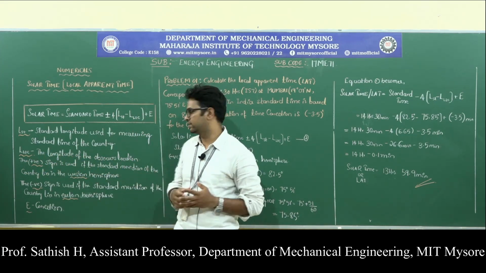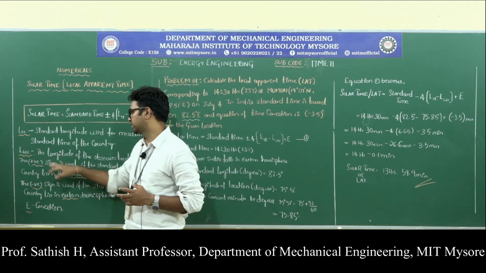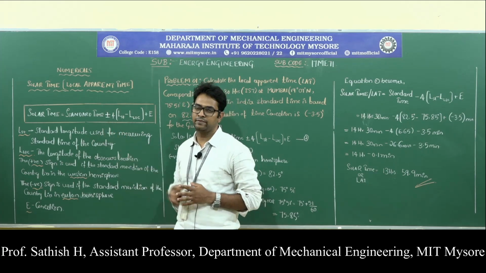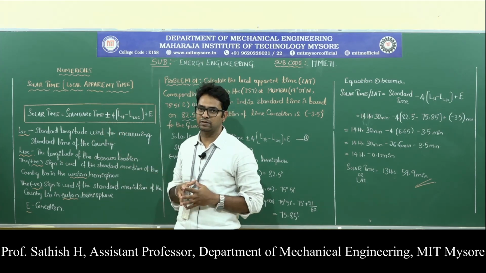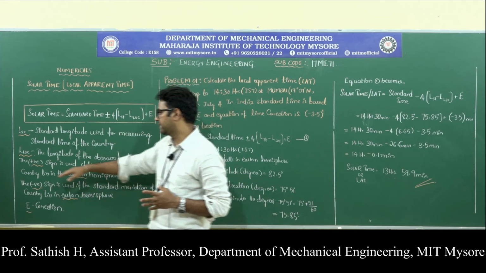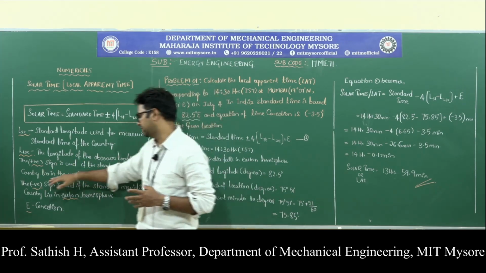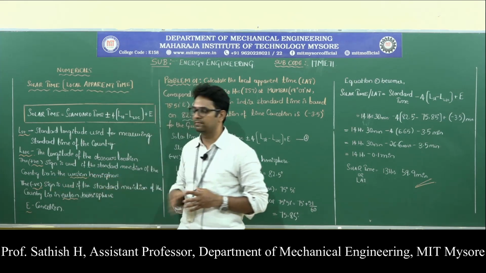So here we have plus or minus. When to use plus, when to use minus? The plus sign is used if the standard meridian of the country lies in the western hemisphere.